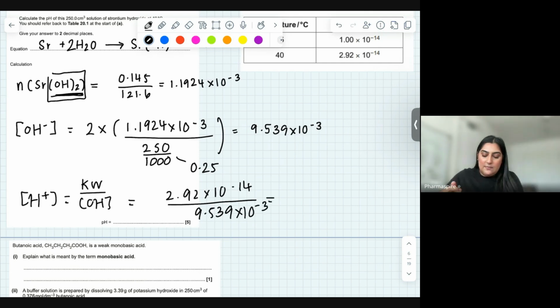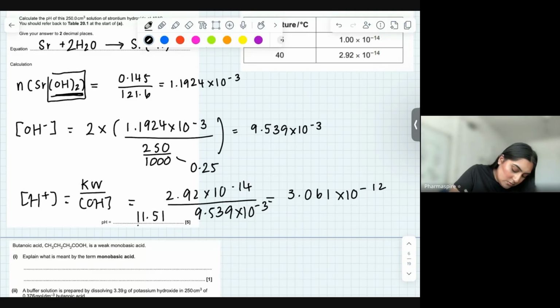And we should get 3.061 times 10 to the power minus 12. And then log it. Should get 11.51. Cool with that one.